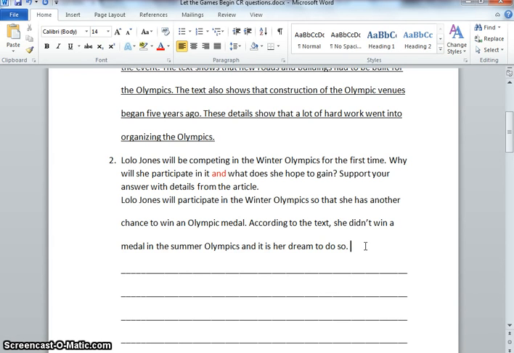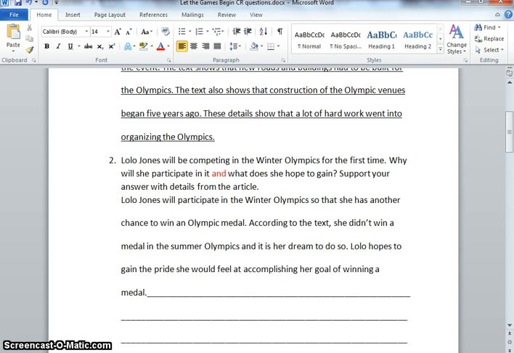I'm not finished with my response because there's a second question. All right, it says, what does she hope to gain? I'm going to restate and answer that question. Lolo hopes to gain the pride she would feel at accomplishing her goal of winning a medal.